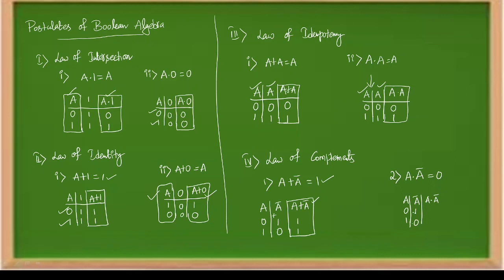In logical AND operation, if any one of the inputs is logic low, the output is low. That's why you will get 0 for both the entries. Whatever may be the value of A, A and A bar is always giving 0. Here, whatever may be the value of A, A plus A bar is always giving one.